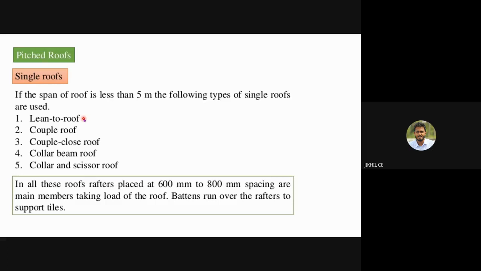The various types include lean-to roof, coupled roof, coupled close roof, collar beam roof, collar and scissor roof. In all these roofs, rafters are placed at 600 mm to 800 mm spacing and are provided as main members. The takeaway is that rafters are the main load carrying members, and the battens run perpendicular to the rafter for placing the roof covering.